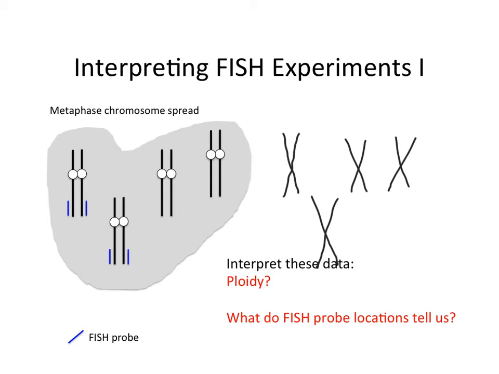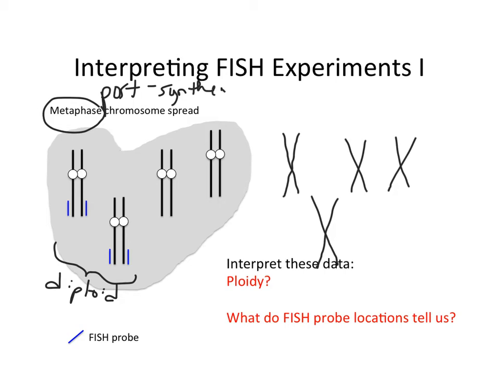This is diploid. Because when we look at metaphase, this is an important but subtle point. When we look at metaphase, that's after DNA synthesis. Which means that back in interphase, where we measure ploidy, there were two copies. There were two double helices.